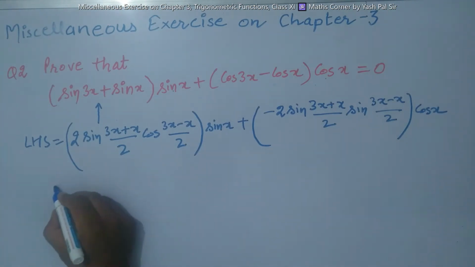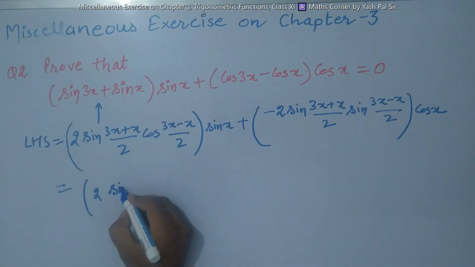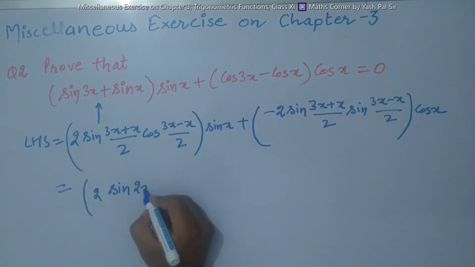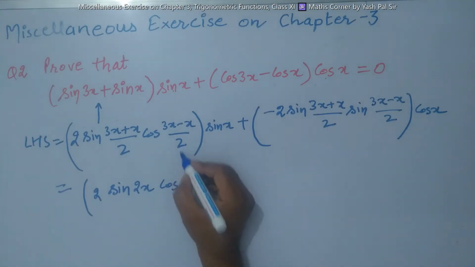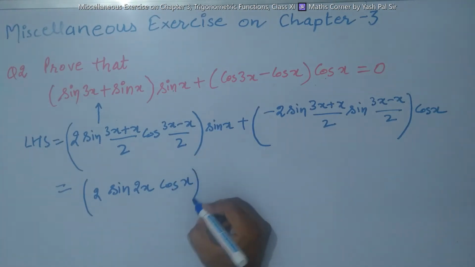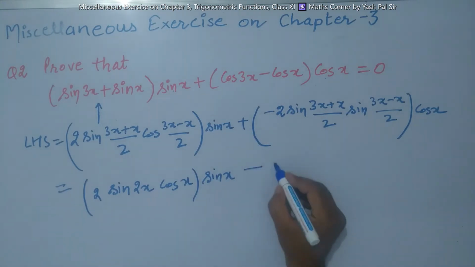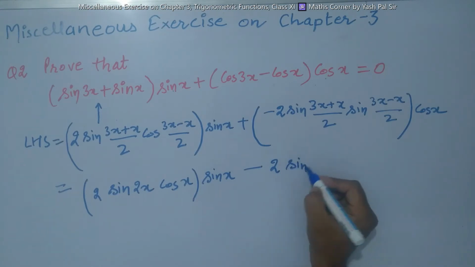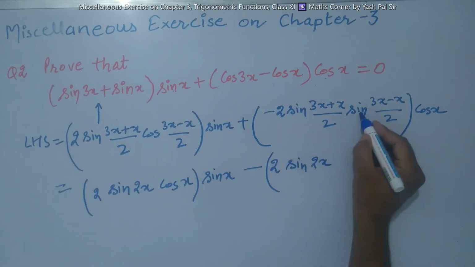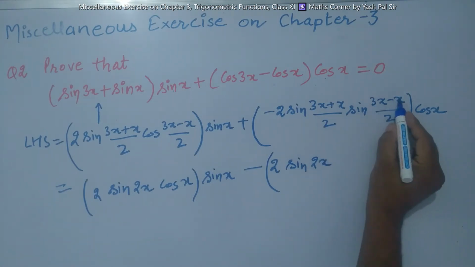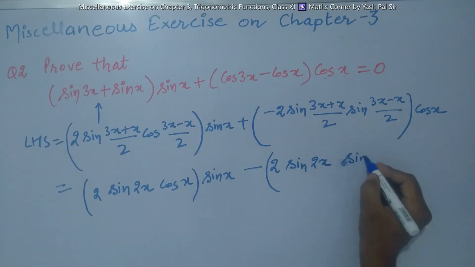So this way, this is equal to 2 sin 4x upon 2, 2x, into cos of (3 minus 1) 2 upon 2, 1x, into sin of x. Next is minus 2 sin of 4x upon 2, 2x, sin of (3 minus 1) 2 upon 2, 1x, sin x.